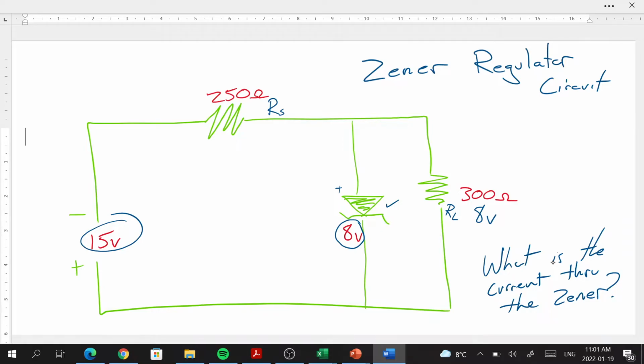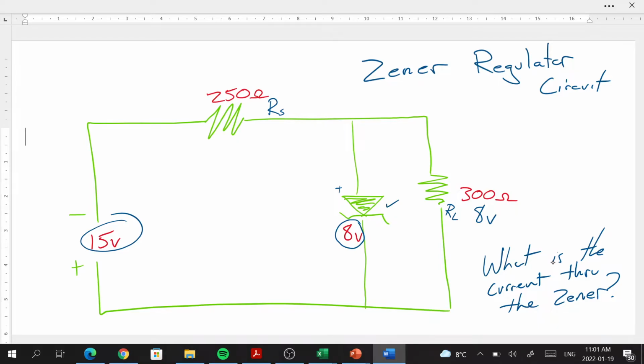Like any sort of electronic circuit, we're gonna probably use our Ohm's law, and we're gonna use our Kirchhoff's voltage and current laws to solve this equation.